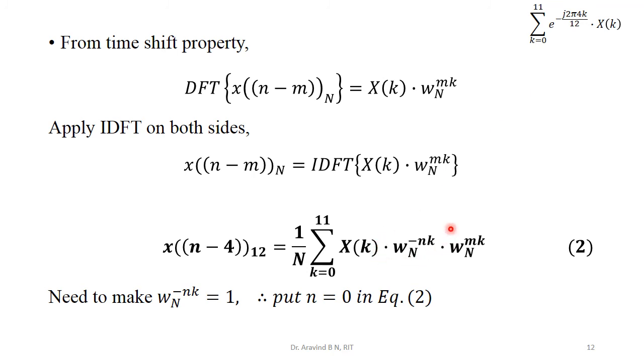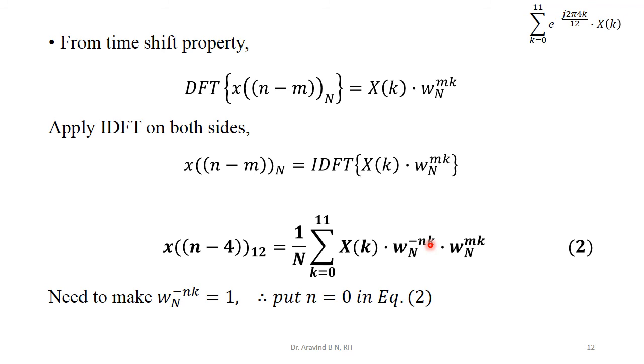How to make elimination of this one? We must make this Twiddle factor completely equal to 1. How to make it equal to 1? Only one option we are going to have, that is to make the power of the Twiddle factor equal to 0. So in the power we are going to have two terms, n and k.